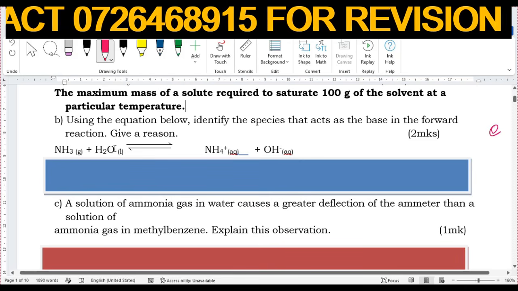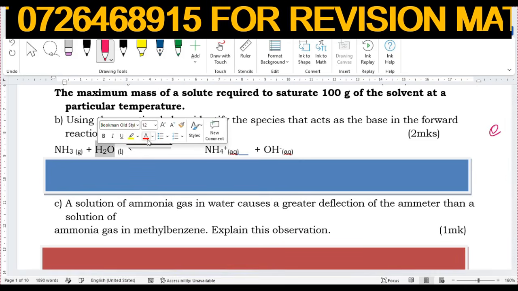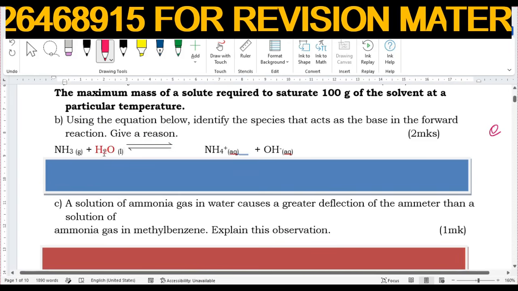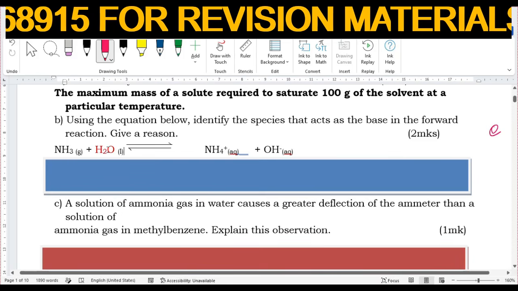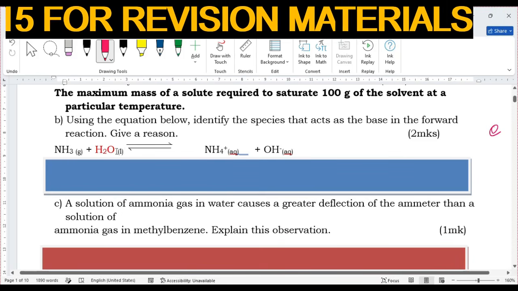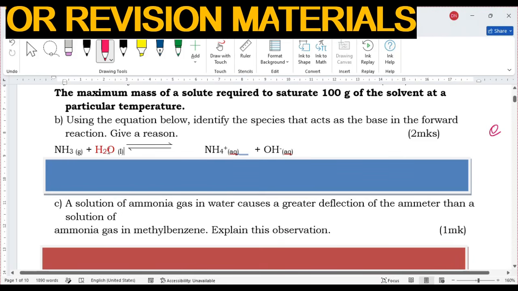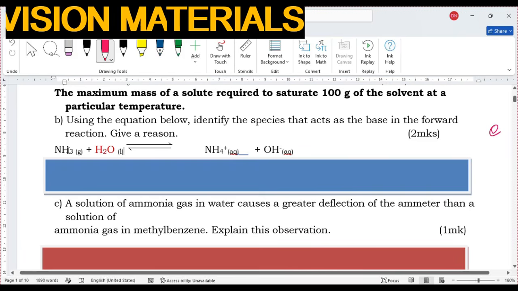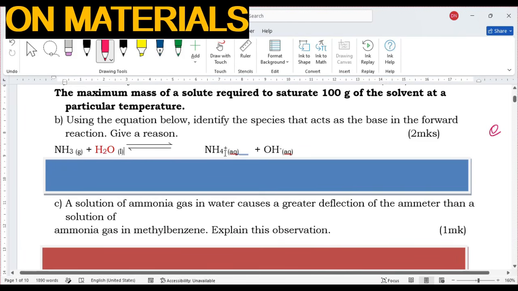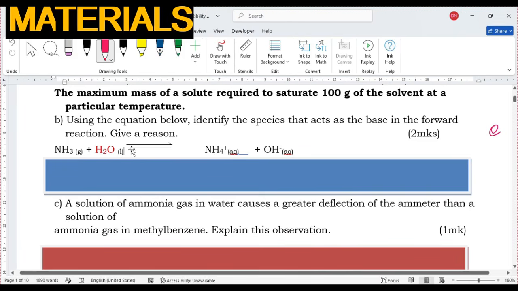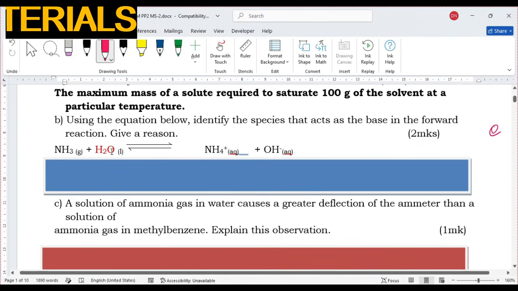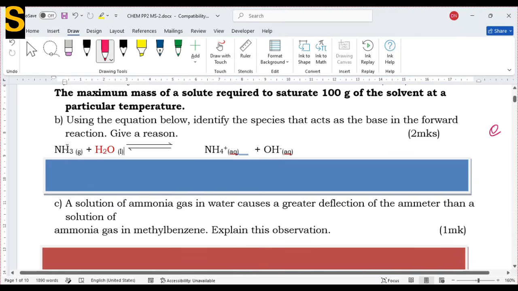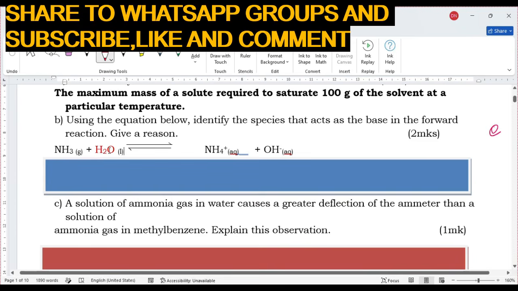So in this case, the water here is an acid. Why? Because in the forward reaction, it is going to provide hydrogen ions. The hydrogen ions provided here will combine with ammonia gas to form ammonium ion. Therefore, in this case, ammonia will accept the proton from water.